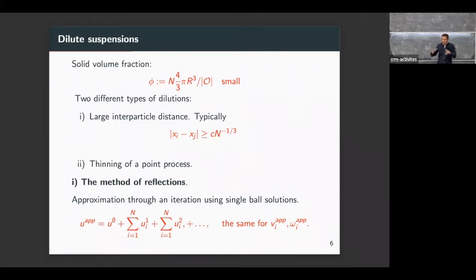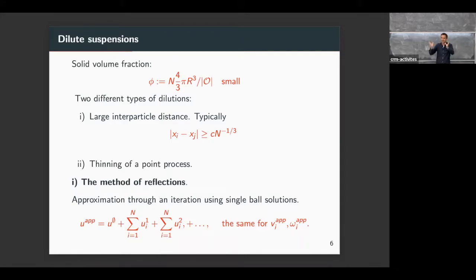You can play on the interparticle distance, typically with this kind of assumption on the distance between the centers, or you can also get a dilute suspension by removing balls, through more like thinning. I will try to evoke these two kinds, and I will mostly focus on the first one. When you assume this, then you can try to relax the assumptions.